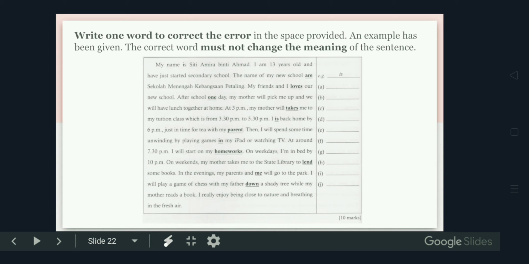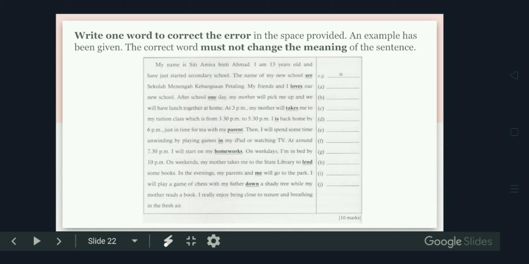At around 7:30 p.m., I will start on my homeworks. On weekdays, I'm in bed by 10 p.m. On weekends, my mother takes me to the state library to learn some books. In the evenings, my parents and me will go to the park. I will play a game of chess with my father down a shady tree while my mother reads a book. I really enjoy being close to nature and breathing in the fresh air.